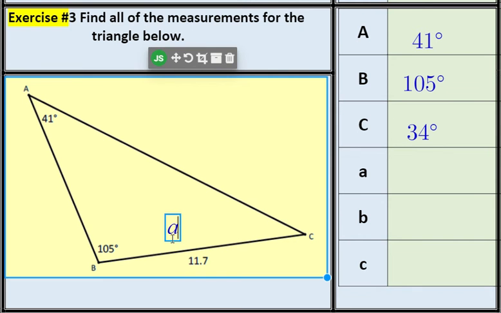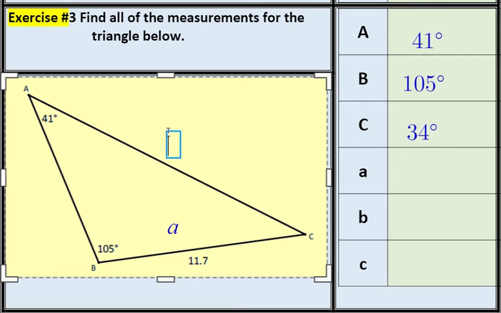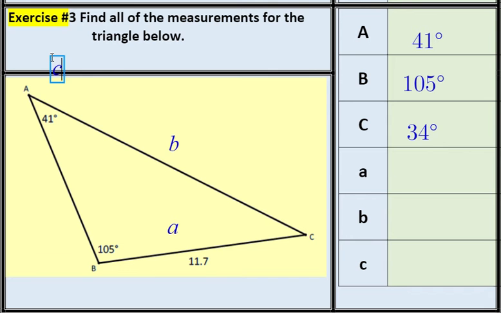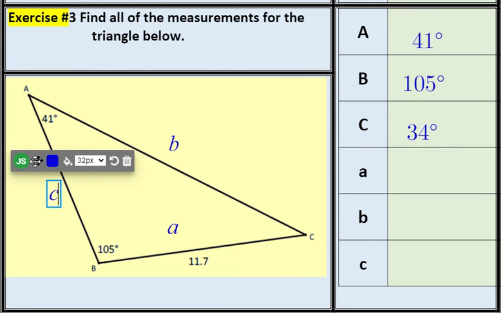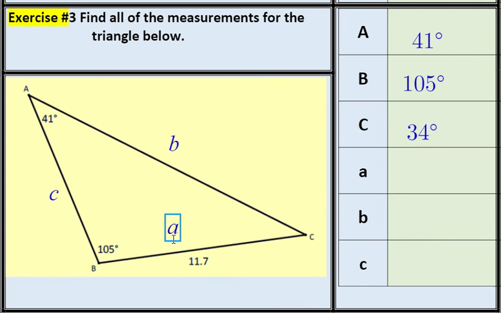So this is side A. This is side B. And this is side C. And all I do to figure that out is I look at the angle opposite, and that angle creates the opposite side. So those are sides A, B, and C. So side A is 11.7.